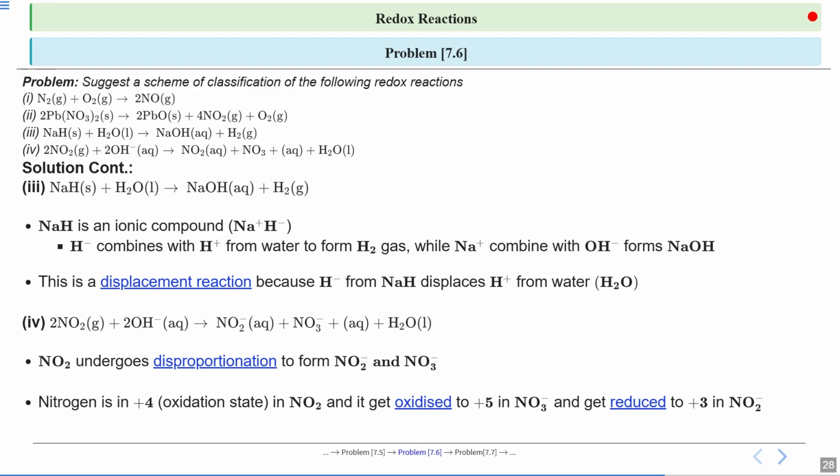Going from NO2 to NO2 negative, the oxidation state changes from +4 to +3, so it is reduced. While in NO3 negative, the nitrogen which is in +4 in NO2 gets oxidized to +5, thus making it a disproportionation reaction.